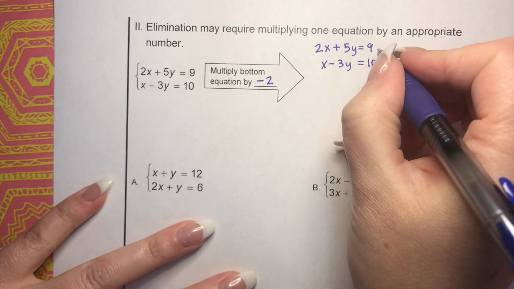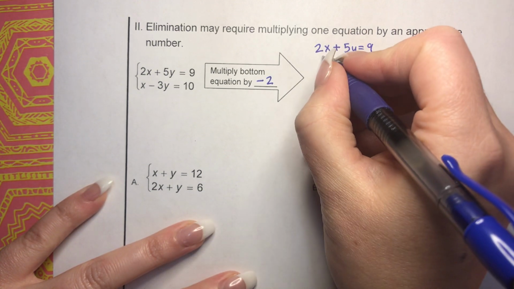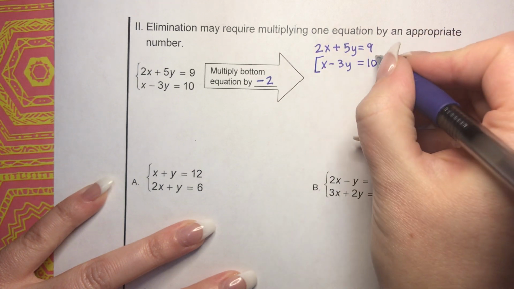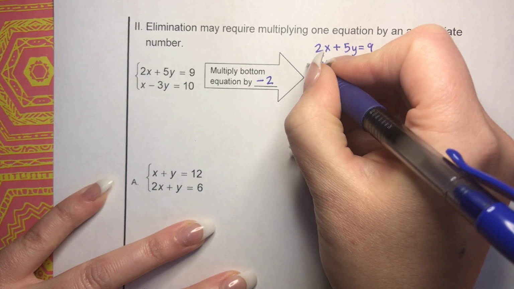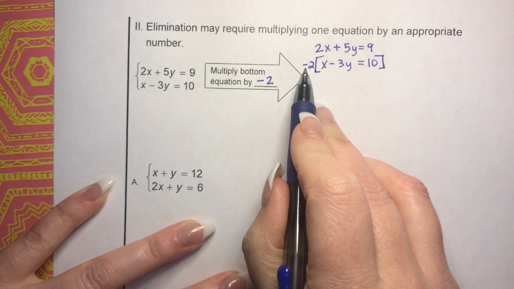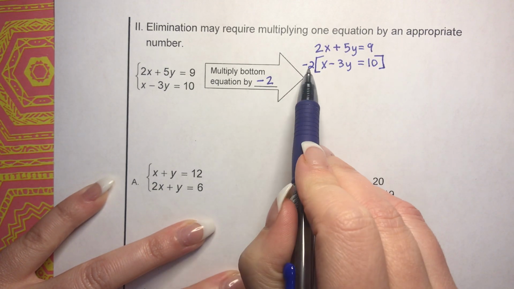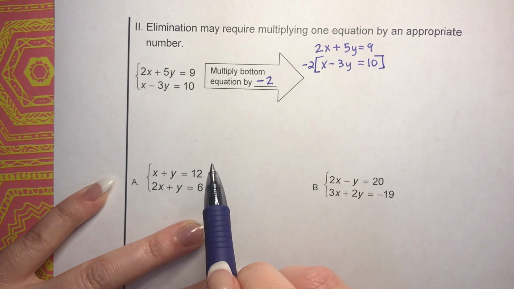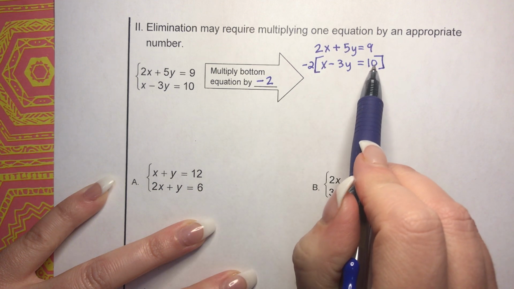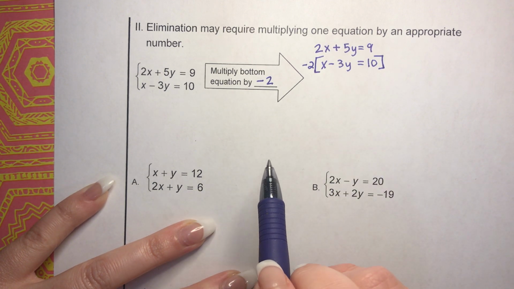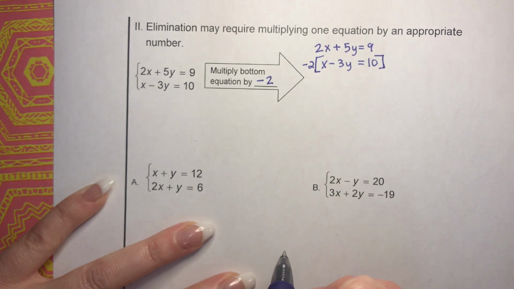I'll use brackets to show that. That means x gets multiplied by negative 2, negative 3y gets multiplied by negative 2, and 10 gets multiplied by negative 2 as well.